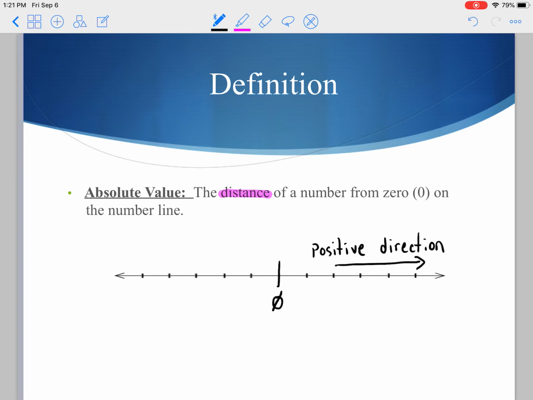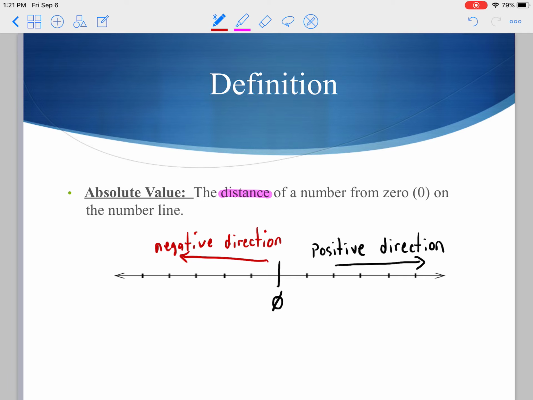But I also have the option of moving to the left or in the negative direction. Now, this is not to be confused with distance. Direction is not to be confused with distance.